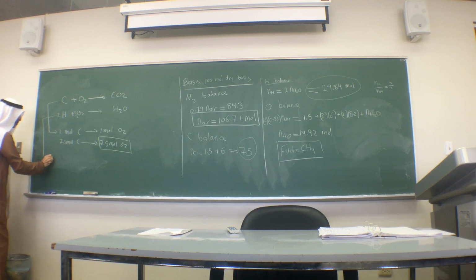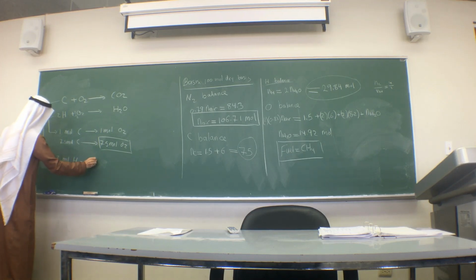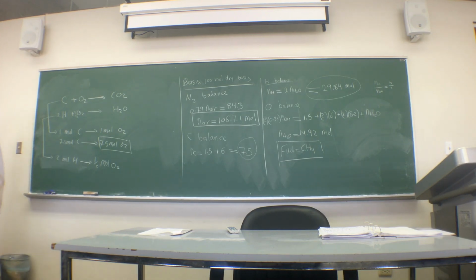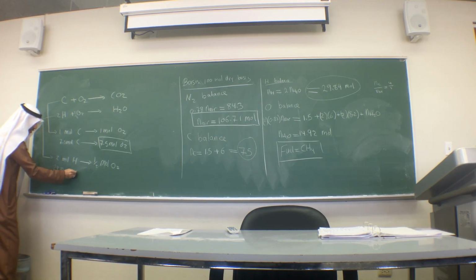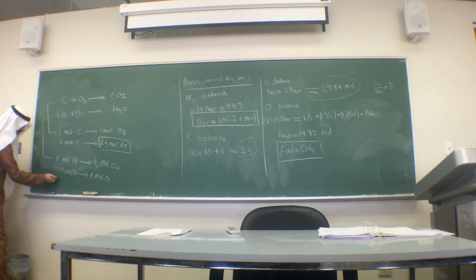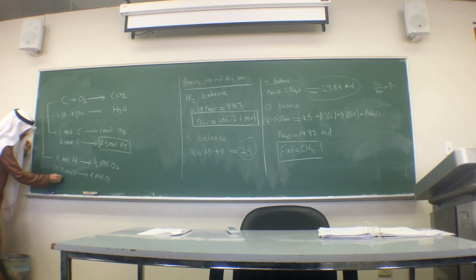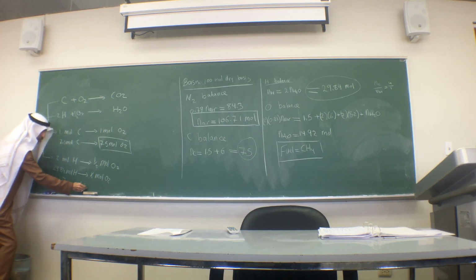For the second one, 2 mole H needs half mole O2. How many hydrogen do I have? 29.84 mole hydrogen need X mole O2. How much is X? It has fractions, so use a calculator. 7.46 mole O2.